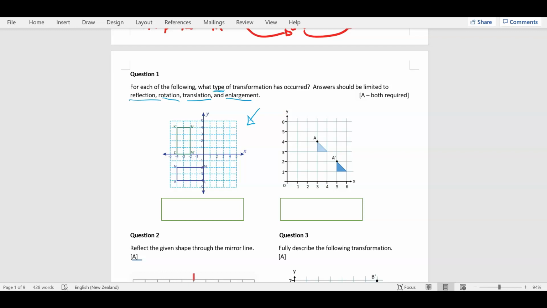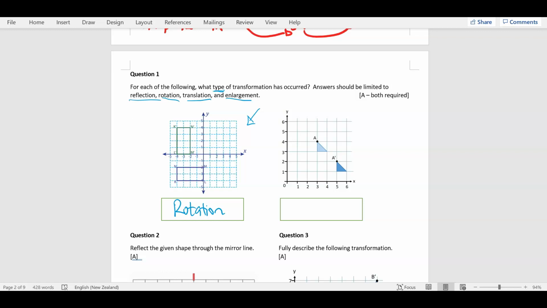We've got the original shape coming along here, and we've got the object or the new shape coming up here. So the giveaway for me is we can kind of see it's changed orientation. So the long side is horizontal here, and it's now vertical up here. That for me is normally a giveaway that it is some kind of rotation. So that change in orientation is really important.